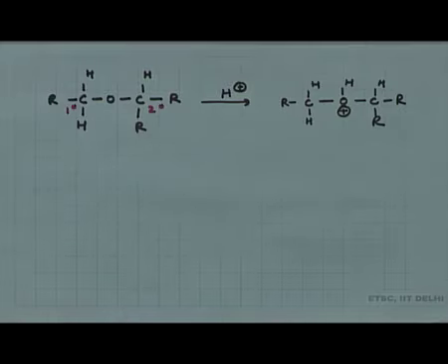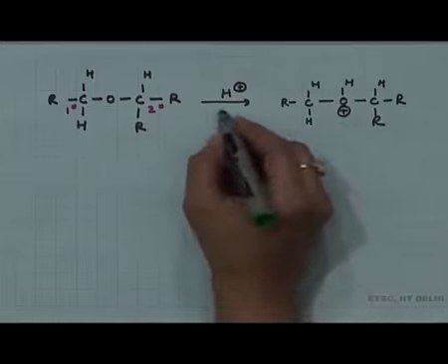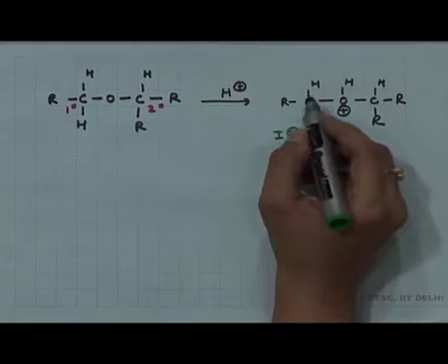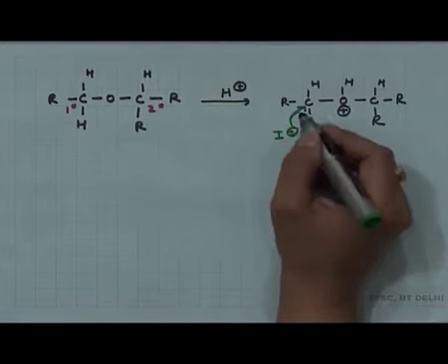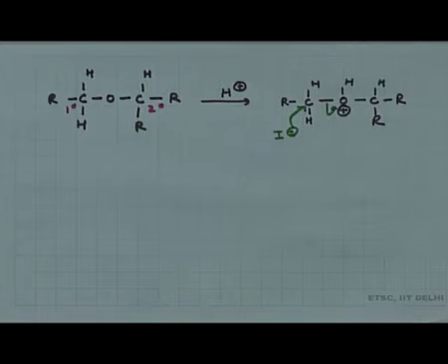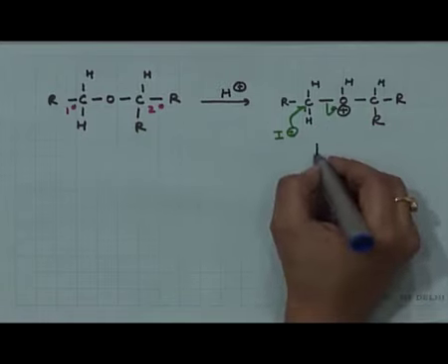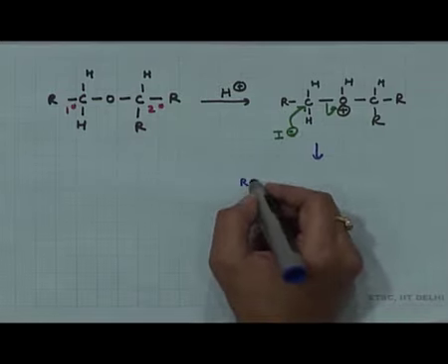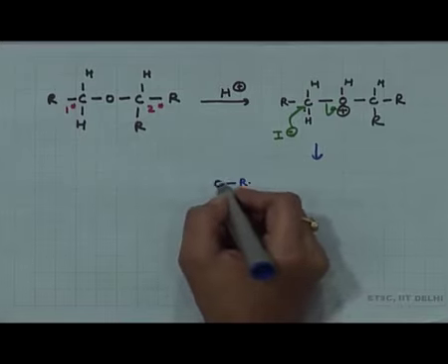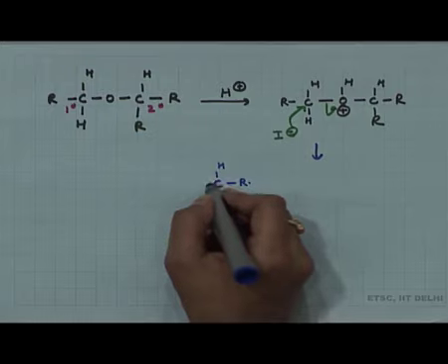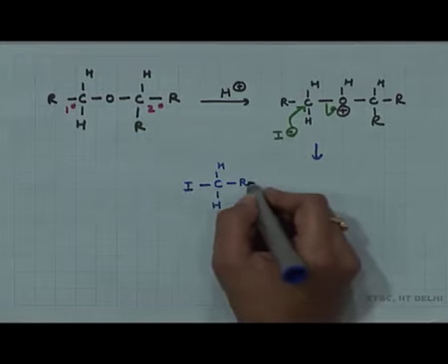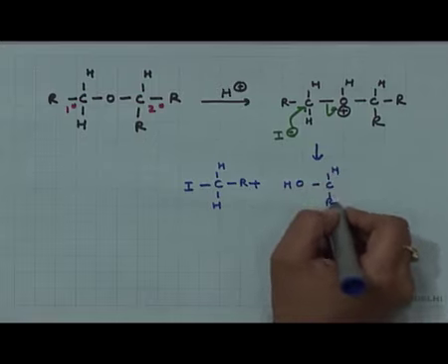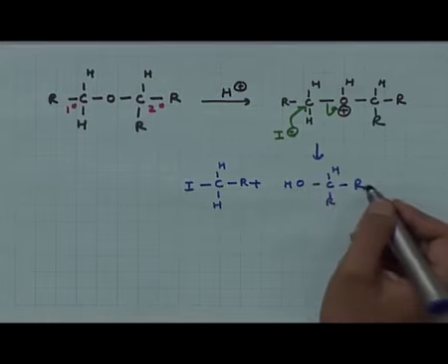Your iodide, which is the nucleophile, is going to attack the carbon which is less hindered, and you end up with the less substituted alkyl iodide, and your alcohol is the one which is more substituted. It contains the alkyl part which was more substituted.